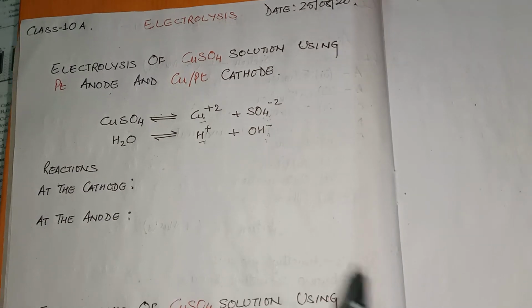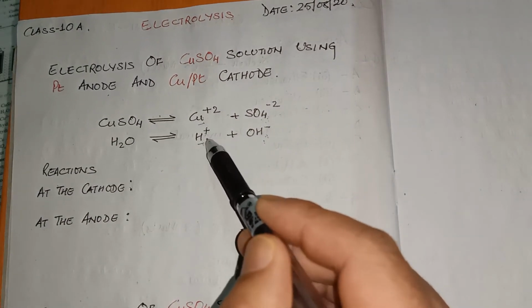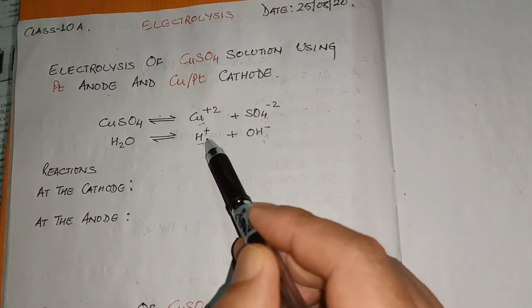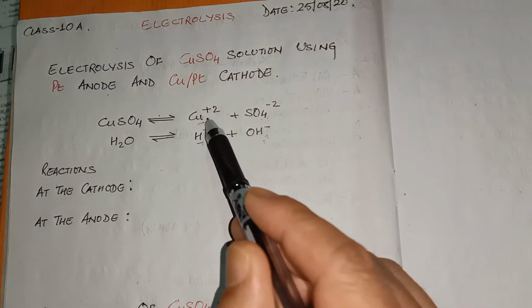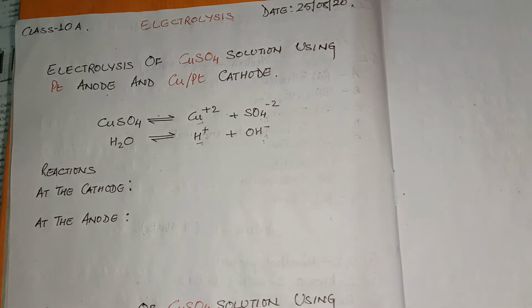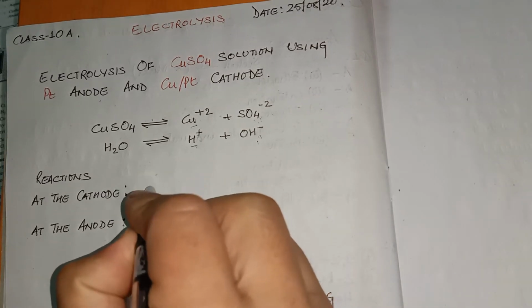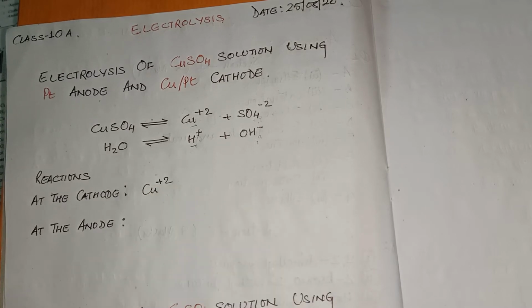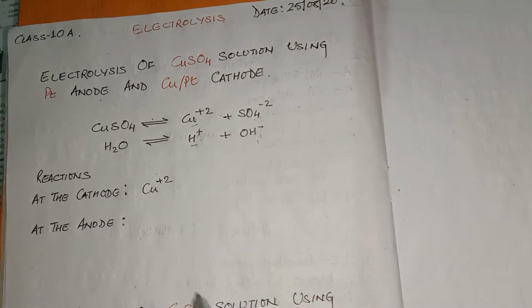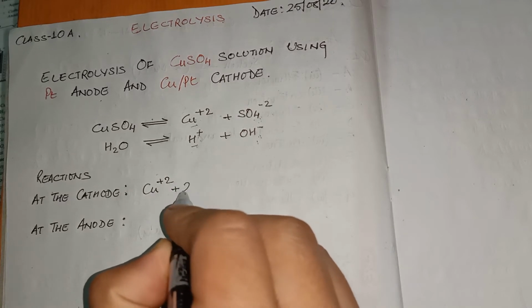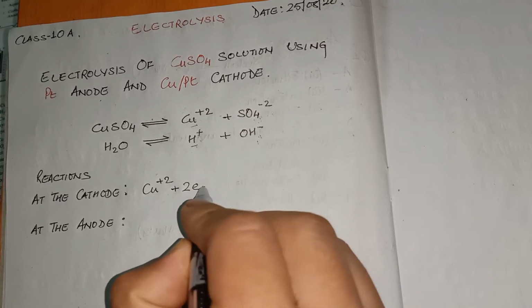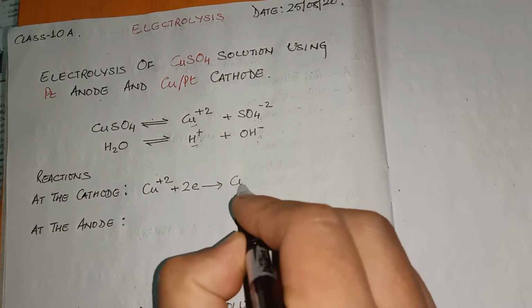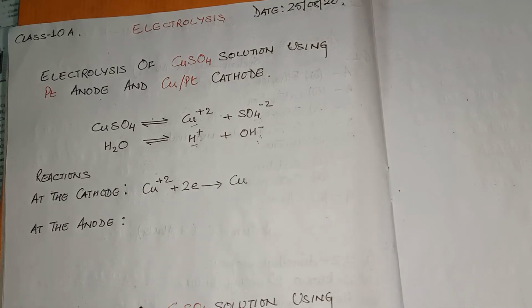So at the cathode, out of these two cations, which cation will be discharged? It is Cu+2. So the Cu+2 ion will move towards the cathode. This cation is short of 2 electrons, therefore it will gain 2 electrons at the cathode and convert into a neutral copper atom, and this neutral copper atom gets deposited at the cathode.